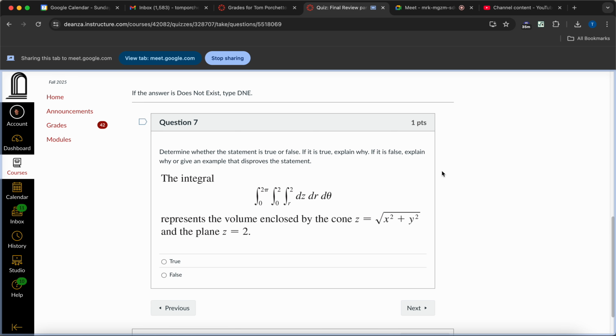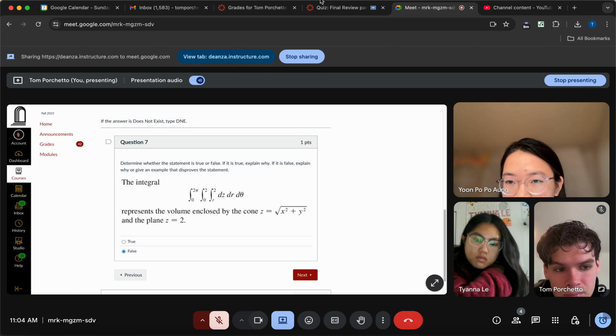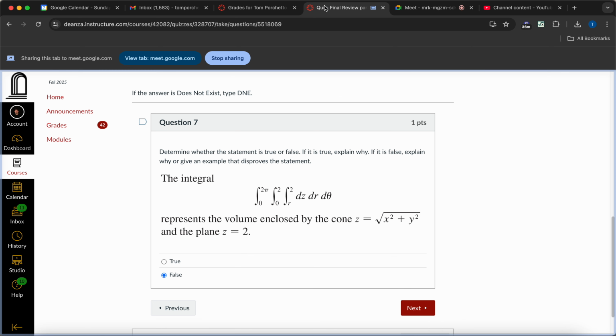So the answer for 6 should be true. 7 is false because it was the one that I was explaining earlier. 7 is false, and then 6 is supposed to be true.